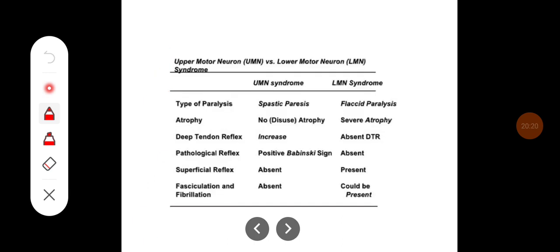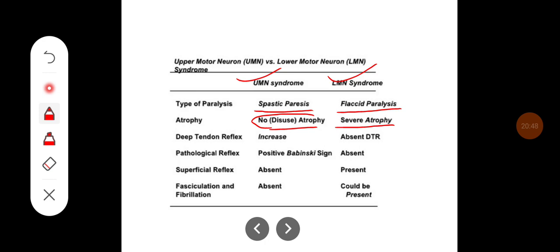So this clinical examination is going to help in differentiating upper motor neuron from lower motor neuron lesion. The type of paralysis in upper motor neuron lesion will usually be spastic, and in lower motor neuron lesion it will be flaccid. Atrophy in upper motor neuron lesion is only disuse atrophy, but in lower motor neuron lesion it will be very severe.